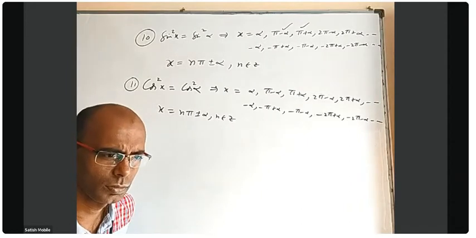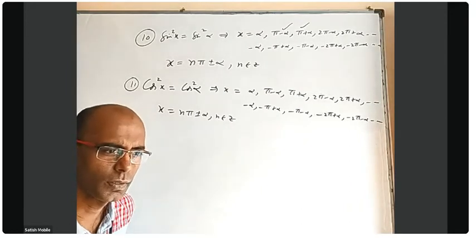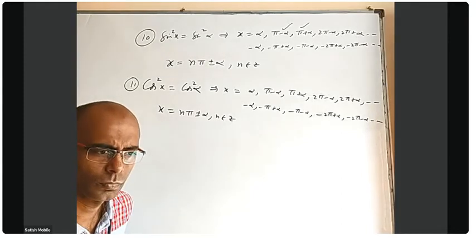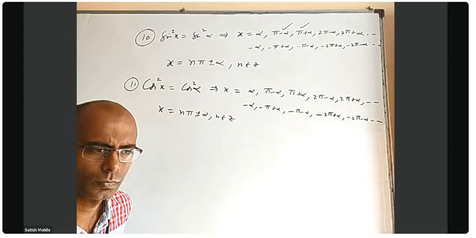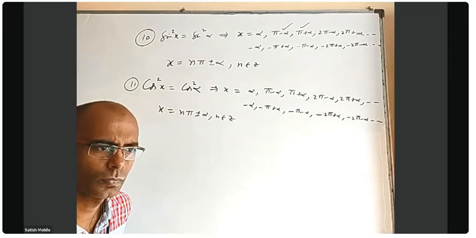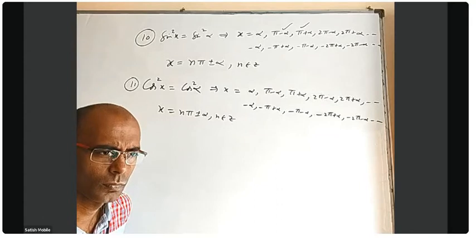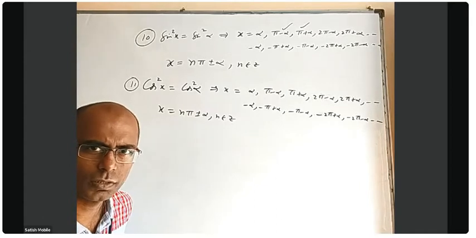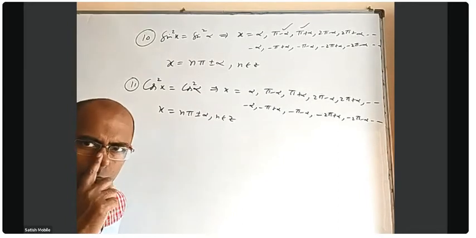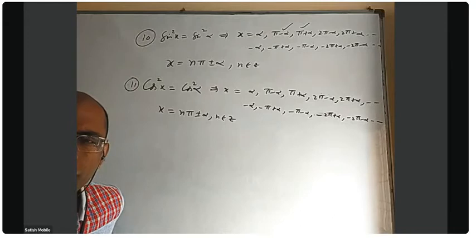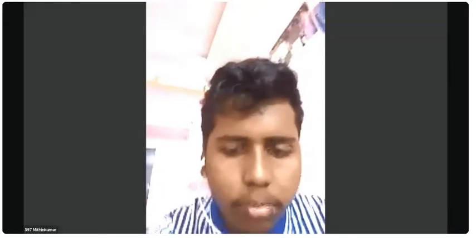Is it 341 Vamsia? Okay. 341 Vamsia, are you there? Mithun, you also missed trigonometry classes, huh? Yes, sir. But you could complete it on your own later on? Yes, sir, I can complete. That's good. Okay.